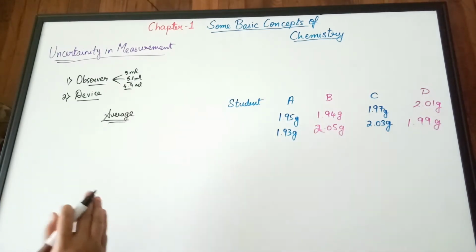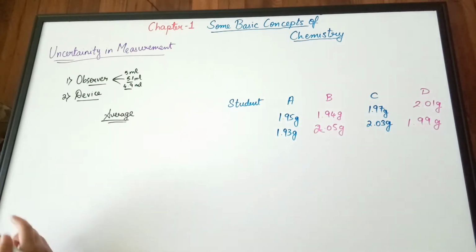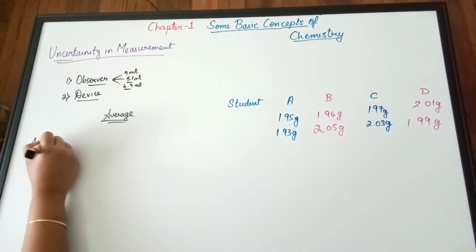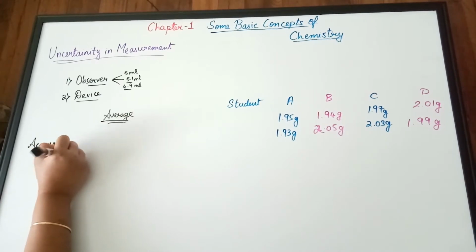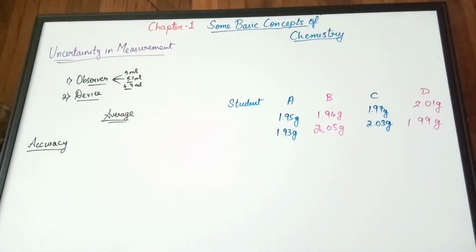There are 2 very important terms that you need to remember when you're learning uncertainty in measurement. One of them is accuracy. Instead of telling you the definition first and then figuring out what it means, we will study an example first.